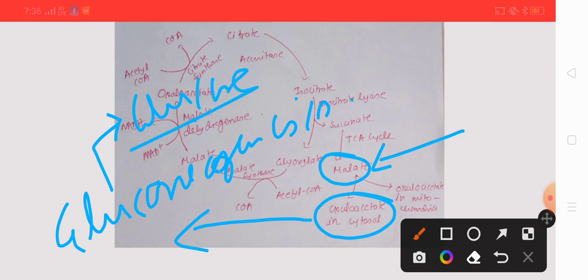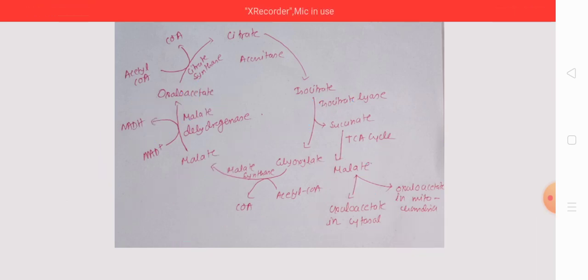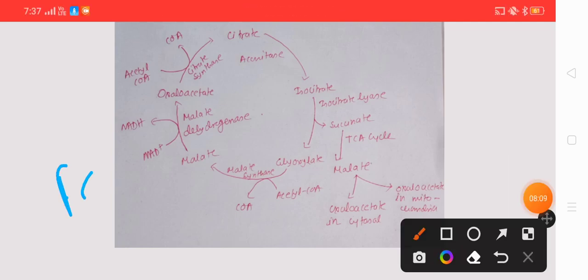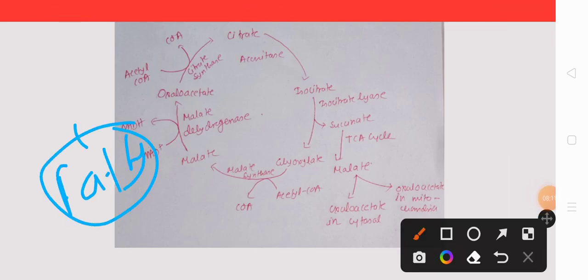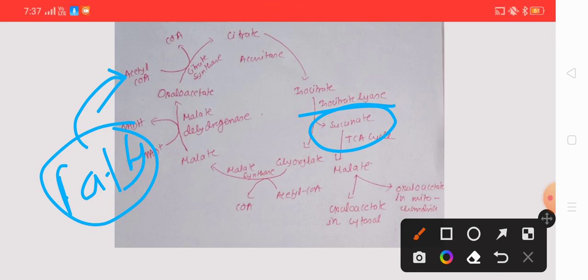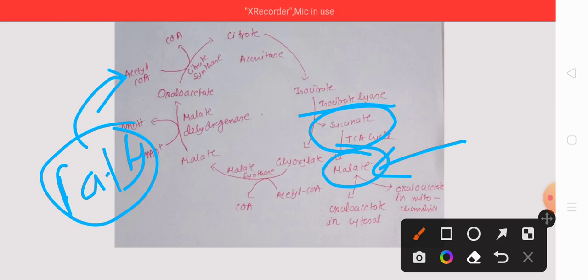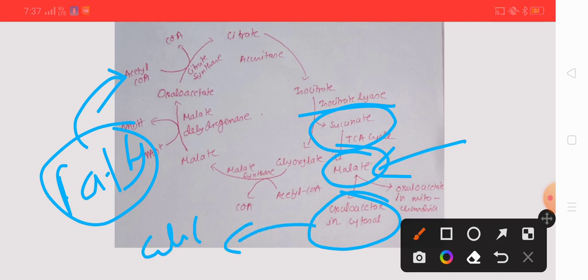So that's how, with the help of first fatty acid oxidation, that is beta oxidation, we are getting acetyl CoA. This acetyl CoA enters the glyoxylate cycle and gives us succinate, and this succinate enters the mitochondria, where it takes part in the TCA cycle and converts itself into malate, and then this malate enters the cytosol, where it takes part in gluconeogenesis and ultimately gives us glucose, right?